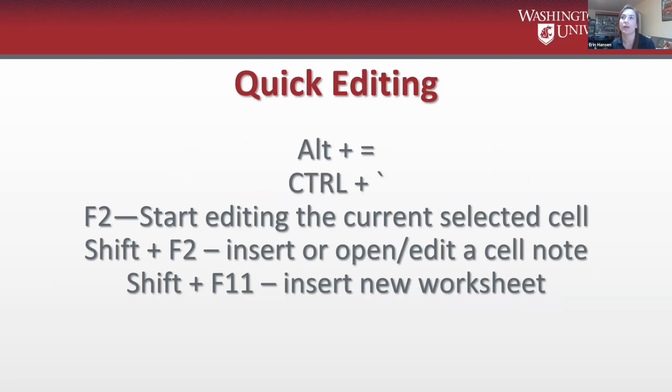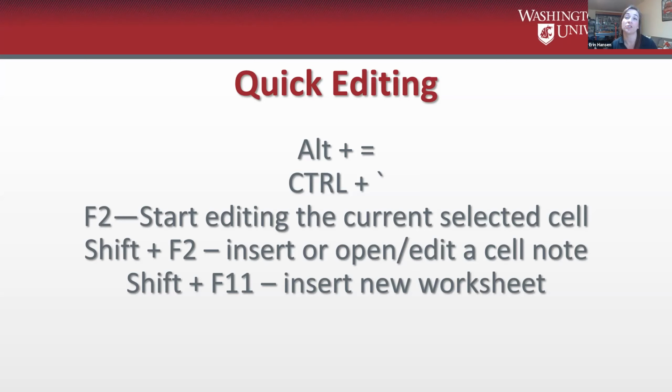Moving on to some quick editing, two of the most basic and, in my opinion, useful functions are Alt equal sign and Control plus apostrophe. Alt and equal sign will allow you to sum the data in the cells before the one you selected. Control plus the apostrophe will allow you to switch between displaying cell values or formulas, so you'll be able to distinguish between the two that way.